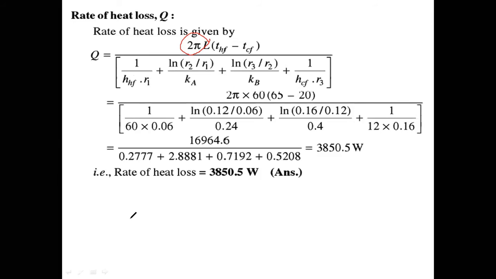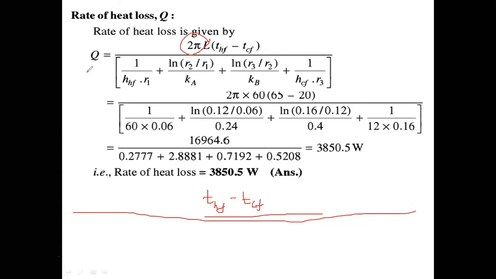So if we write this, কি আসবে, THF minus TCF divided by কি আসবে 1, এখানে একটা twice pi L, এখানে twice pi into L গুণ হয়ে যাবে, এদিকে একটা twice pi L এর মাল্টিপ্লিকেশন, here also twice pi L into multiplication, and here also twice pi into L, আমি আর করলাম না.